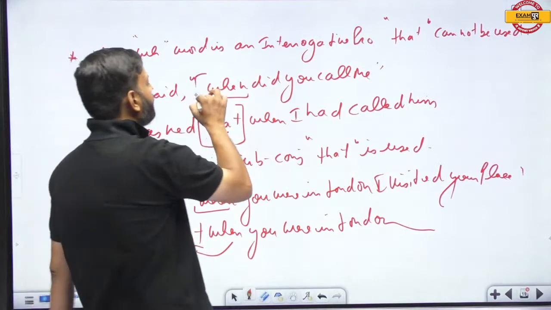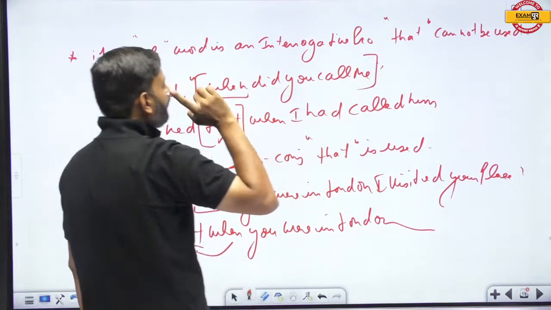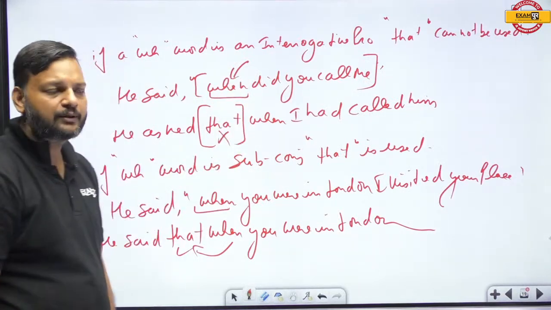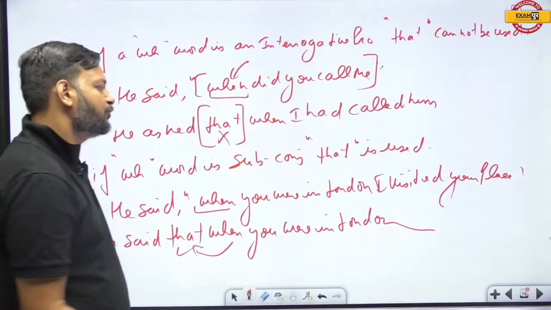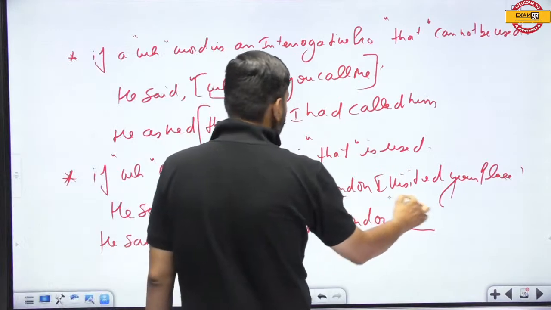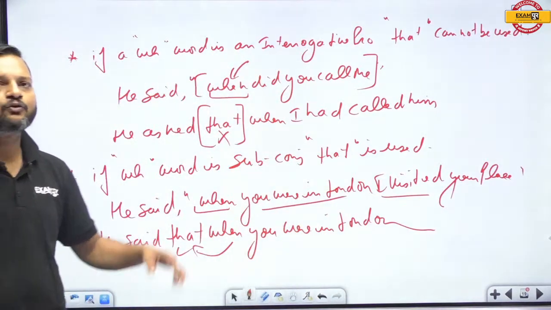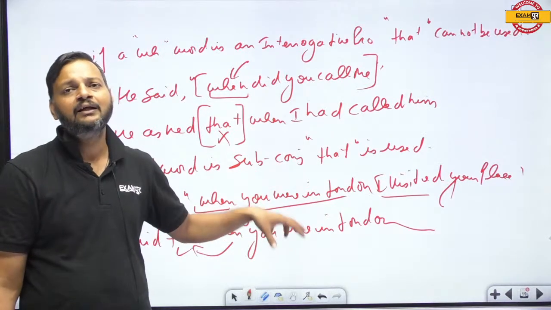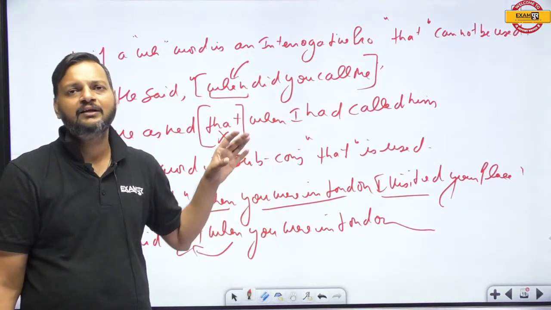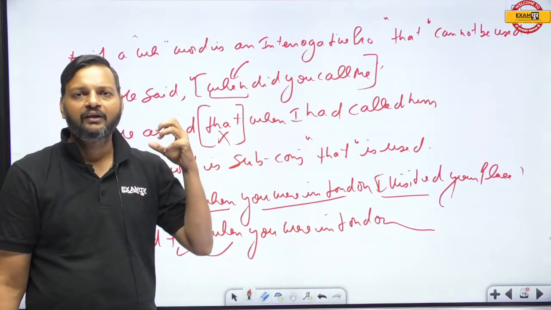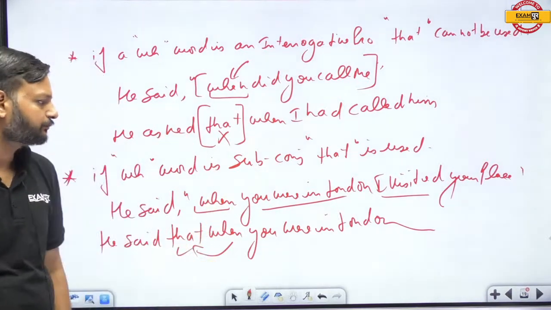As you can see here, we have only one clause. So this WH word is an interrogative pronoun. But in the second sentence, you can clearly see that there are two clauses. One is when you were in London, and the second one is I visited your place. So here we have two clauses, and if there are two clauses in this sentence, the WH word cannot be an interrogative pronoun. It is actually a subordinate conjunction.